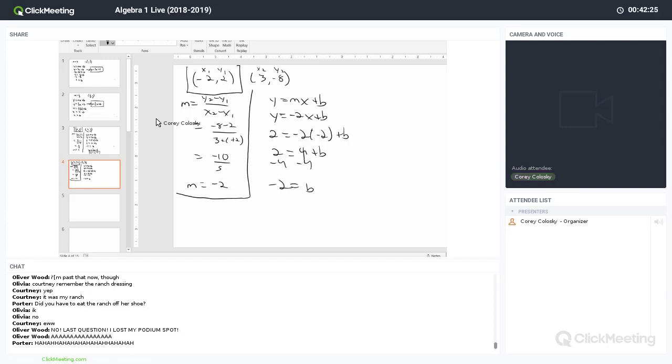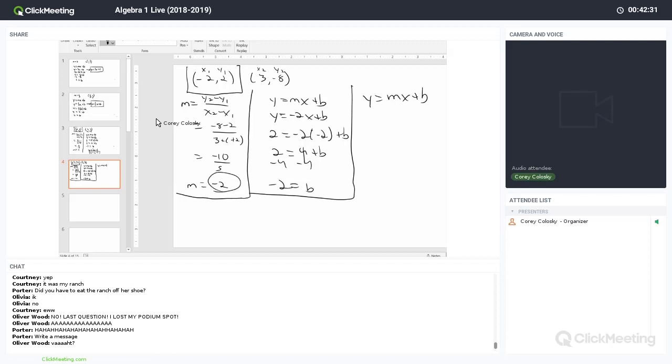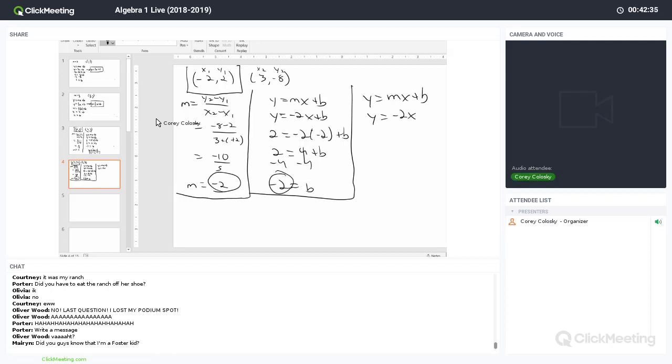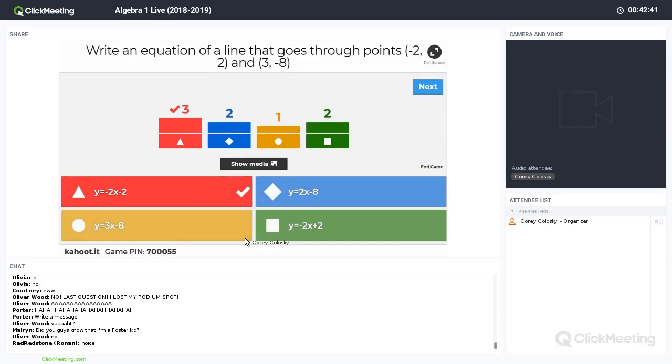So b equals -2. So now we have everything we need for y equals mx plus b. We have m was -2, so -2x. B is also -2. So we have y equals -2x minus 2. All right. So that answer should be red.